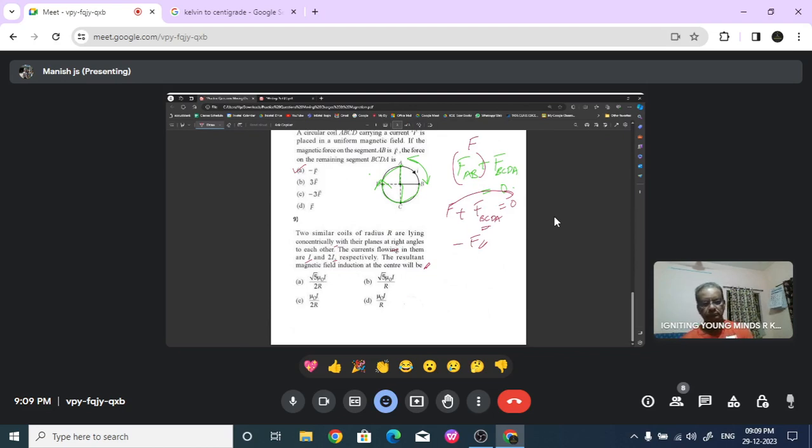What will be the answer for this? When you have two like coils of radius r, now then they are carrying currents of I and 2I. Okay, which option would be true for us? I mean, in this case, A, B, C, or D. Just go by the method of elimination.